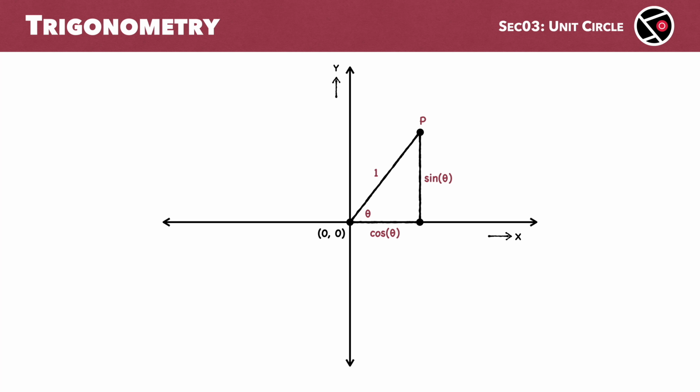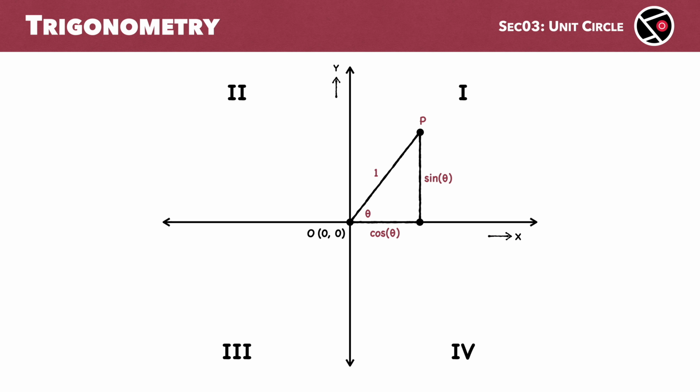Now, let me label the origin as point O. The x-axis and the y-axis divide the plane into 4 quadrants. We start with the top right, quadrant 1, and move counterclockwise to quadrant 2, quadrant 3, and quadrant 4.